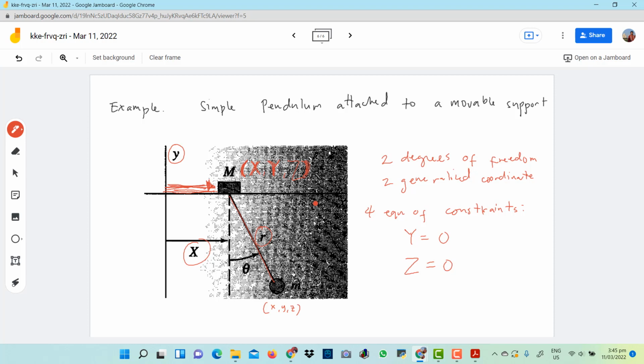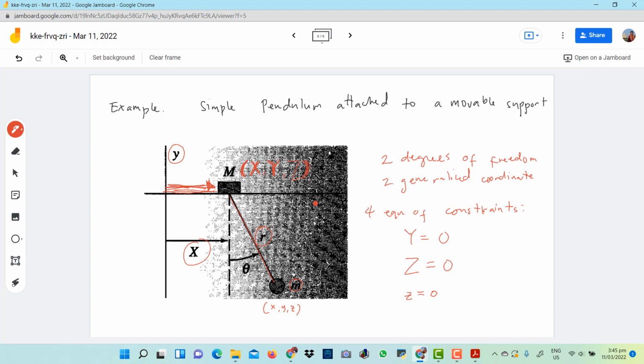There's no big letter Y, so big Y is 0 and big Z is also equal to 0. Another one, the small m, the pendulum, is just moving along the XY plane. So therefore, small letter z is equal to 0.